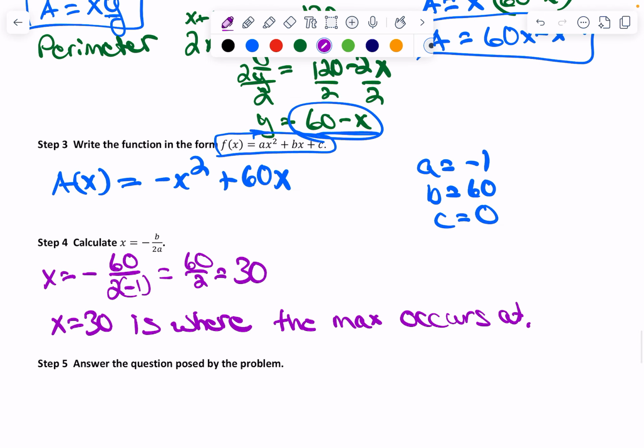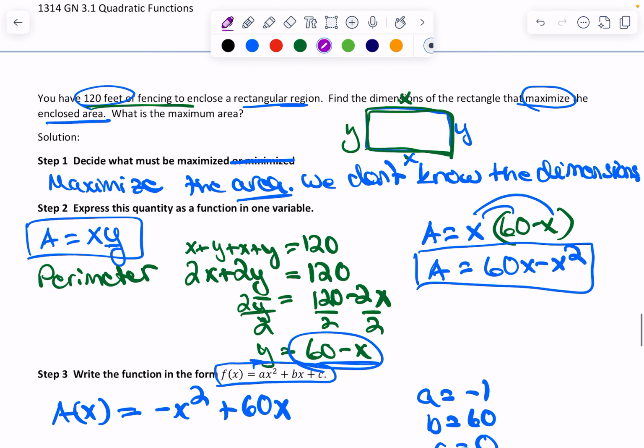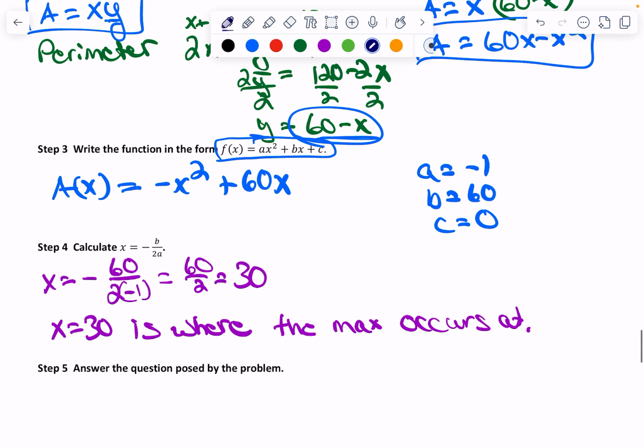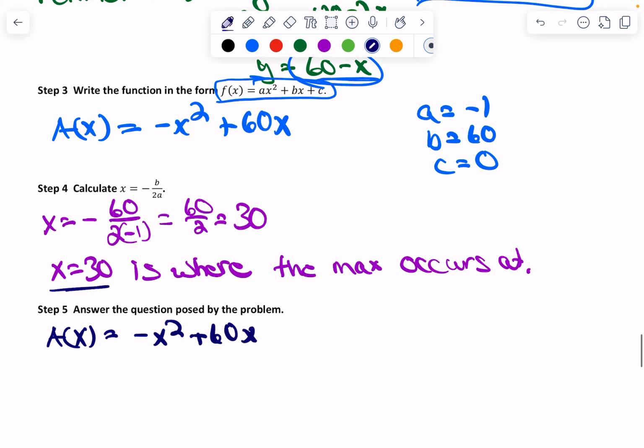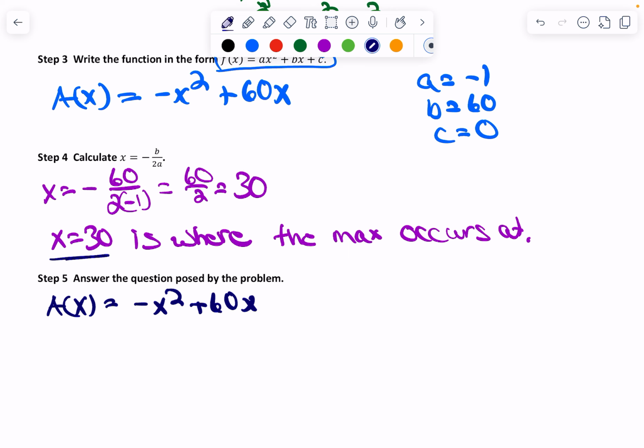Okay, now we need to answer the question posed by the problem. So what was the actual question here? What is the maximum area? So we need to calculate the maximum area. Our function was A of x equals -x squared plus 60x. Now we calculated that x equals 30 is where the maximum occurs. So we're going to plug that 30 in where we have the x.